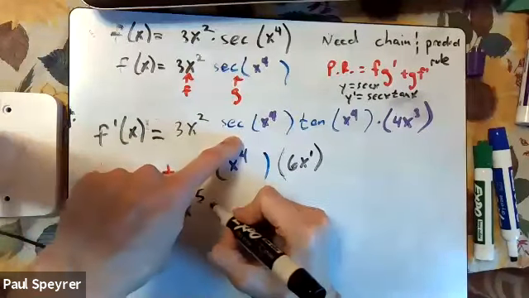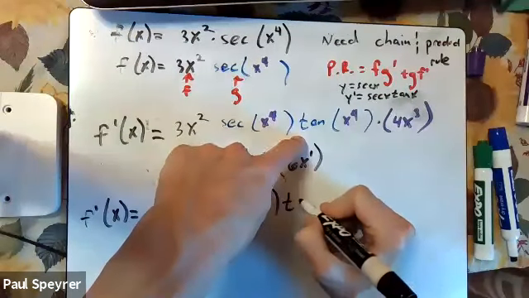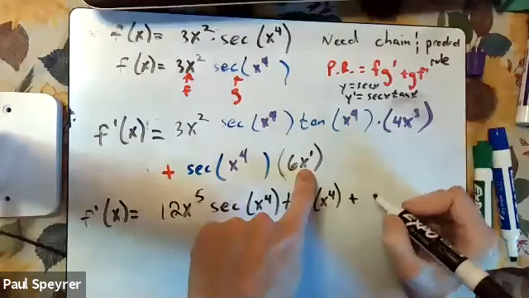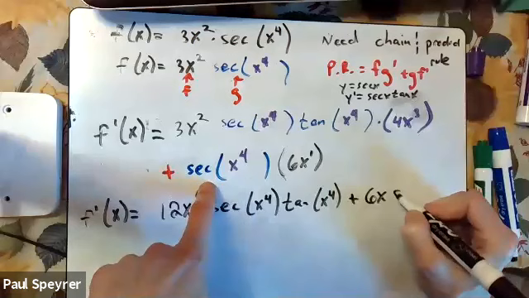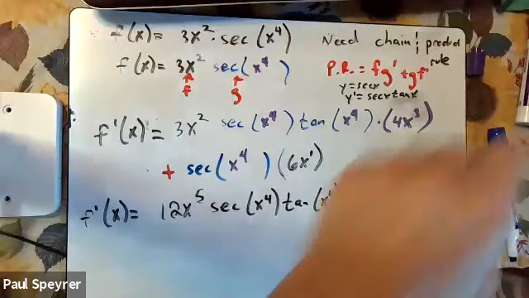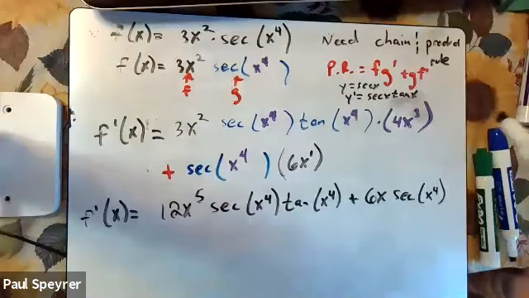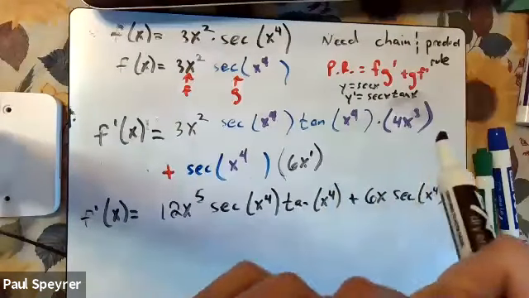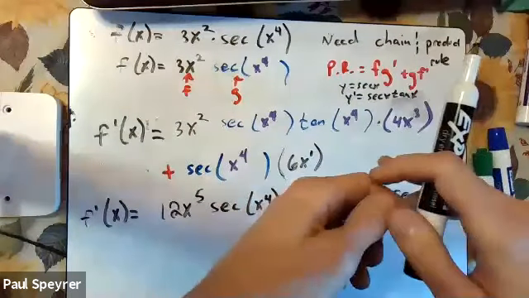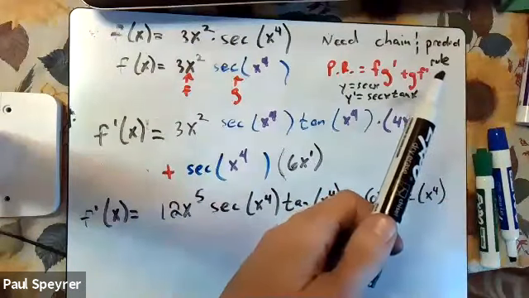We still have secant of x to the fourth, tangent of x to the fourth, all multiplied, and then plus the 6x, and then secant of x to the fourth. So you're always going to have to be on the lookout for it. It won't always just be a chain rule problem. It could be a quotient with a chain, or a product with a chain, like we saw right here. So these things can massively blow up. It just depends on what is going on.